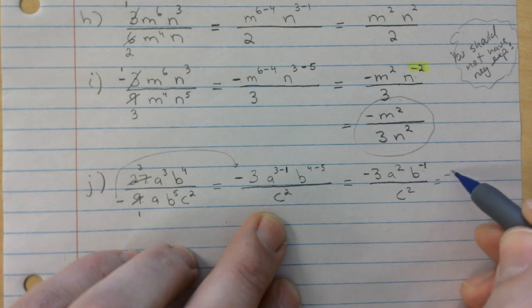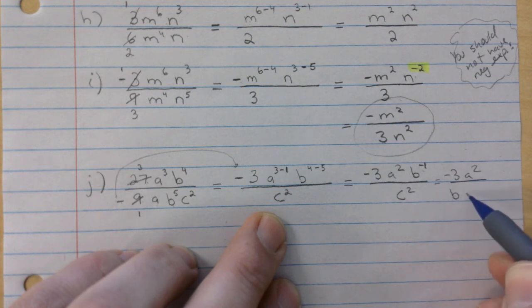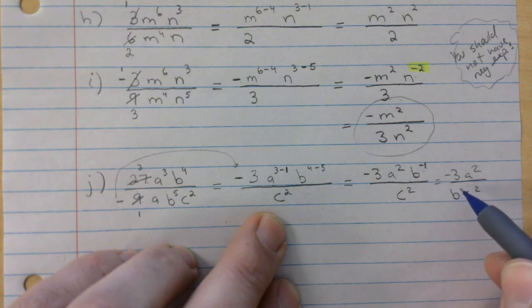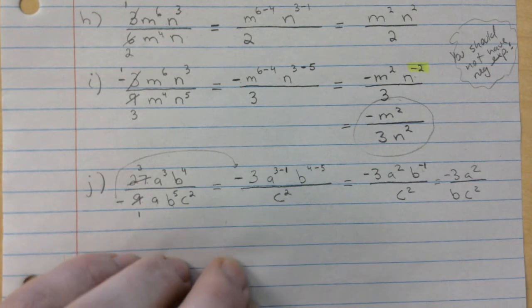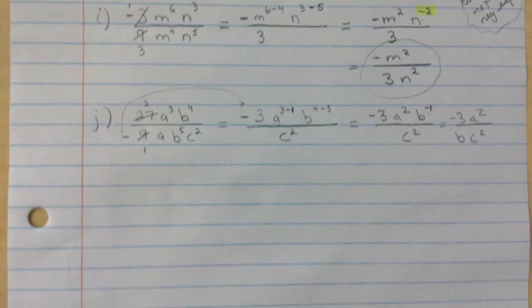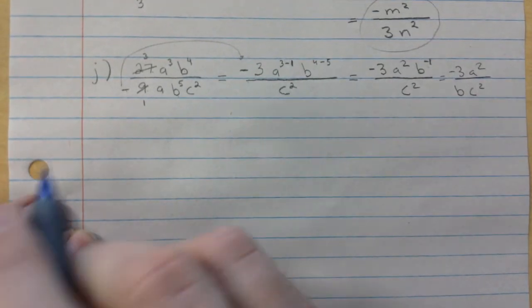So we go negative 3a squared over, and it's up to you how you want to do it, b c squared or c squared b, but you brought this one down with a positive 1, right? If you want to write it down for yourself, you can do that. But technically, conventionally, we don't do that. We don't go plus 1, but it's not wrong to do so.